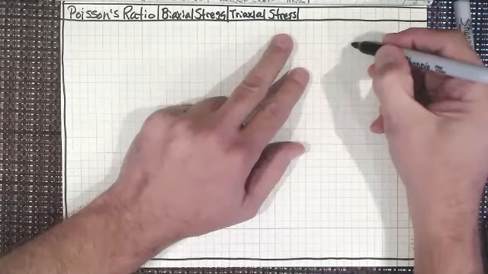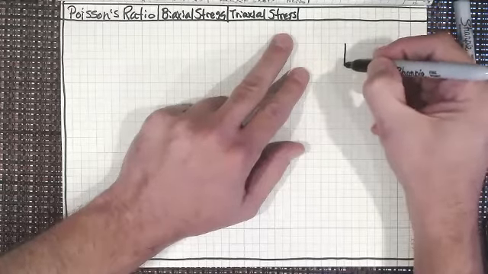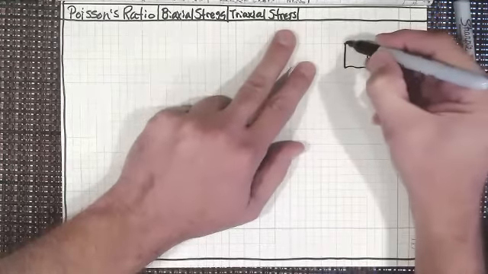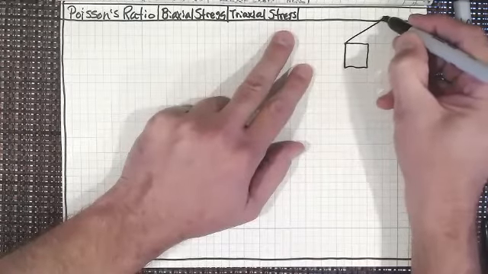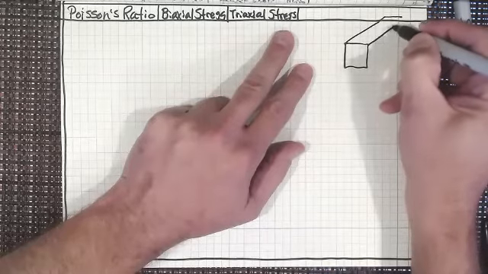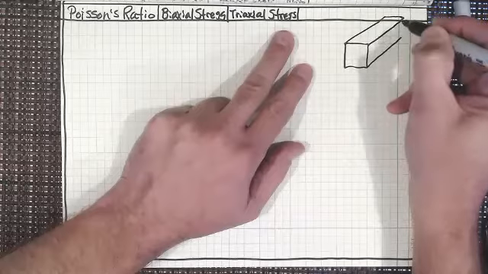And I'm going to try and draw this in 3 dimensions. And I'm going to exaggerate it a little bit too. Let's say that I had some type of long tensile bar like this.